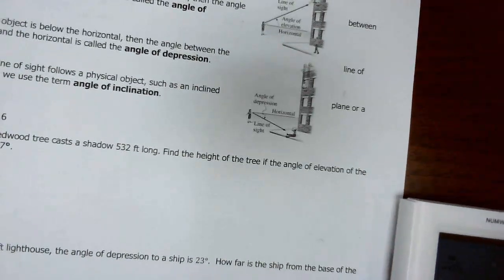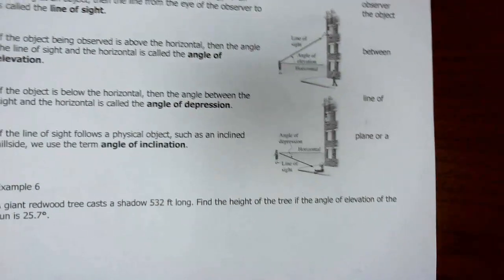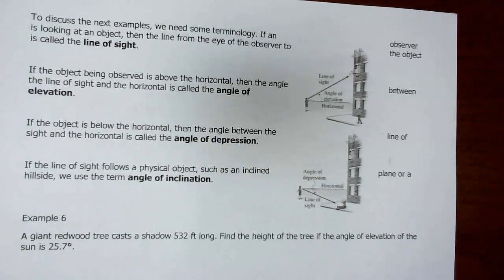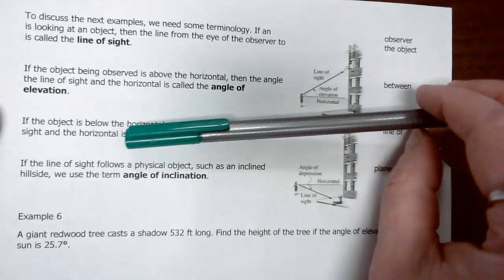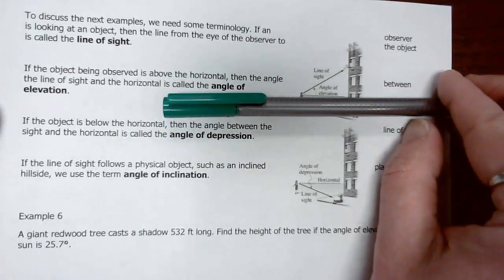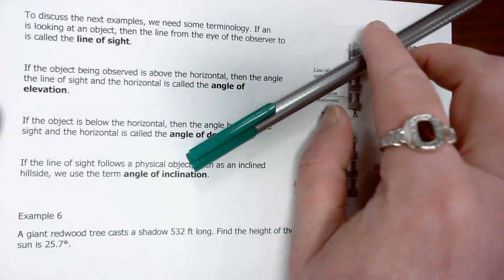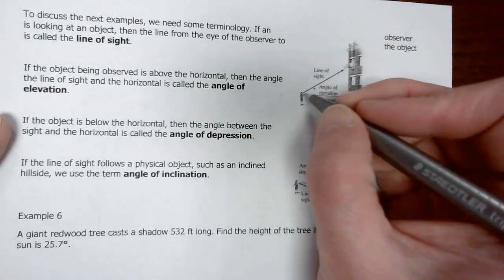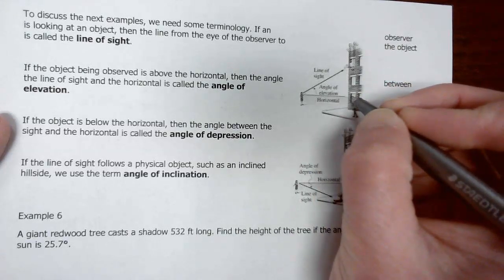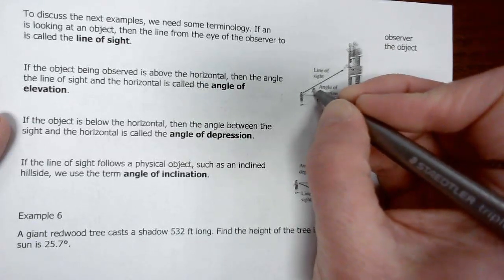All right. Now the last 3 examples are some word problems. And so we need to think about our line of sight when we're reading these word problems. So we go from our horizontal to what we're looking at. So if I'm looking at something that's above, I would be from horizontal, looking straight ahead, to what the top of that building is.